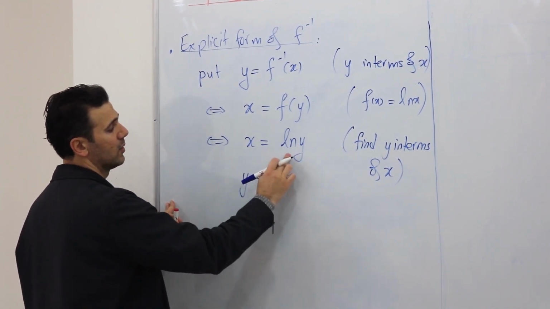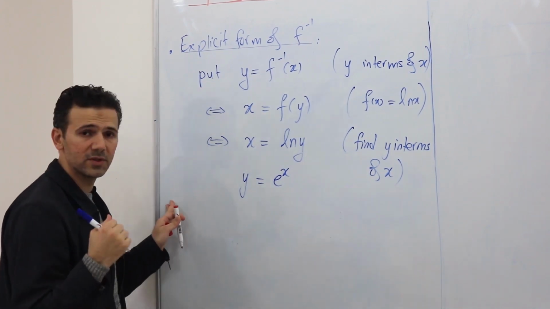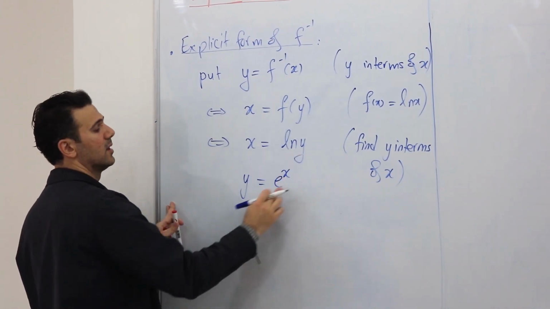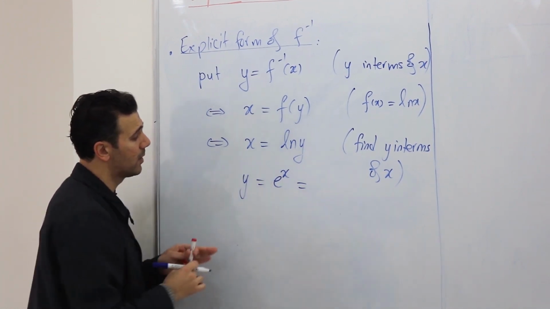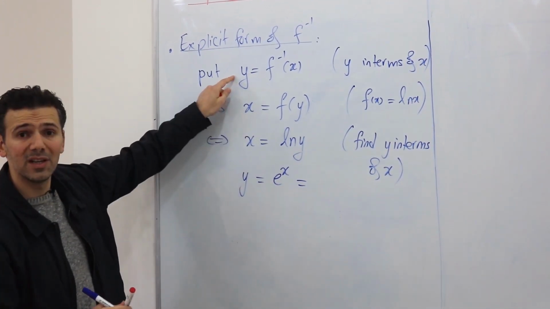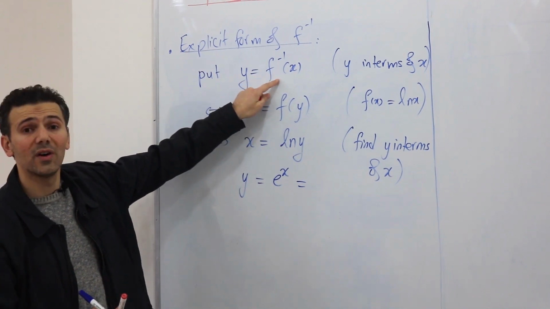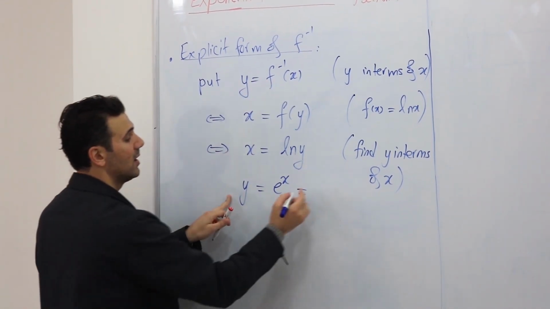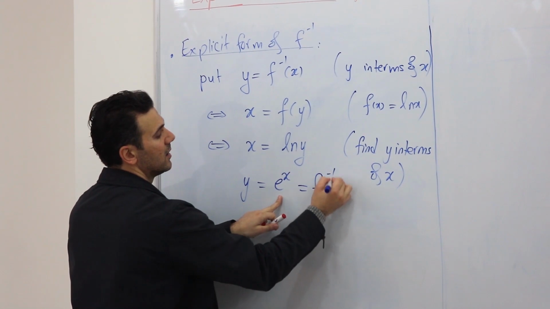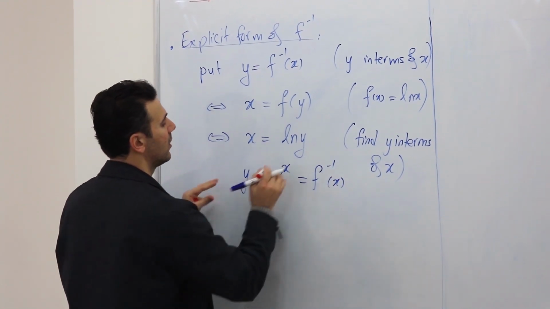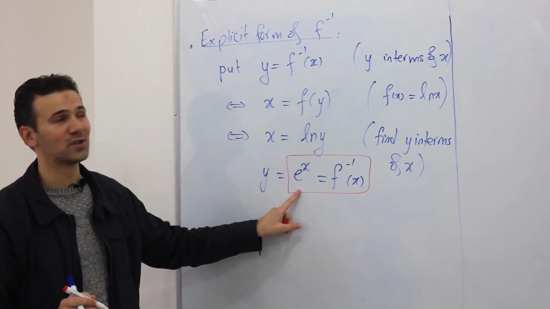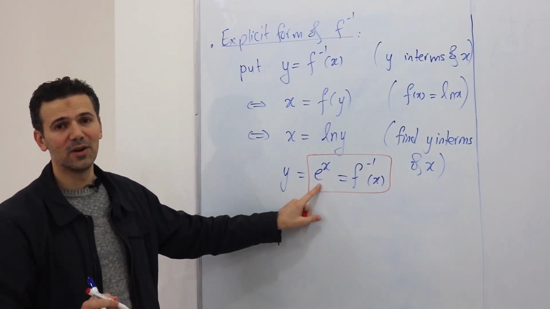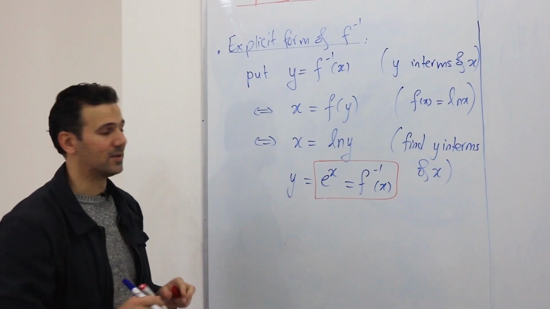If we have x equal ln y, we know this from the previous chapter: if x equal ln y, then y will be e power x. Y equal e power x, but y from the beginning we know is the inverse of f. So this is the expression of f inverse, which we call an exponential function, which is the objective of this chapter.